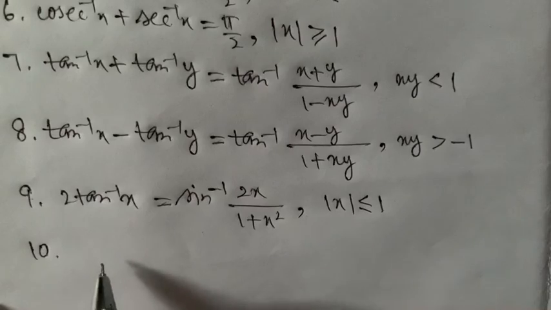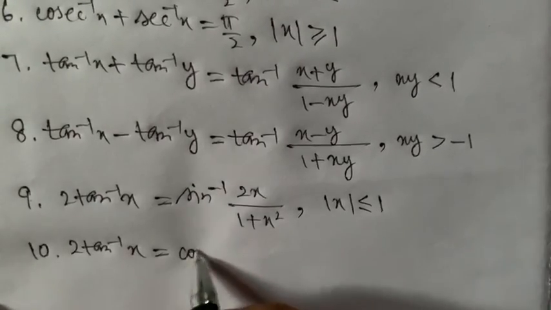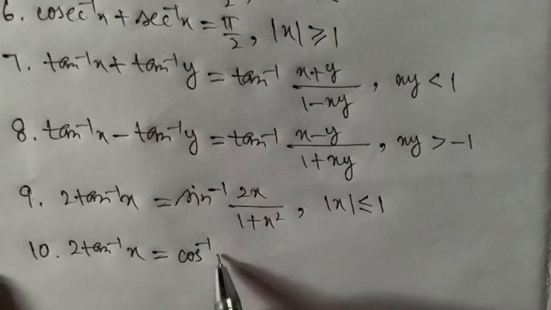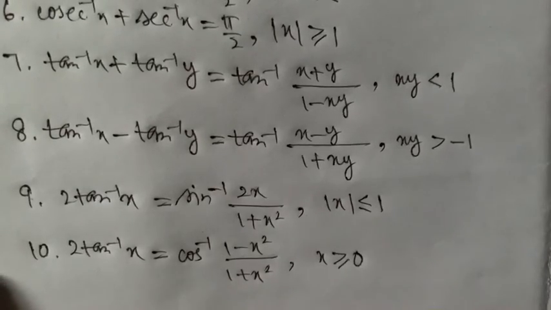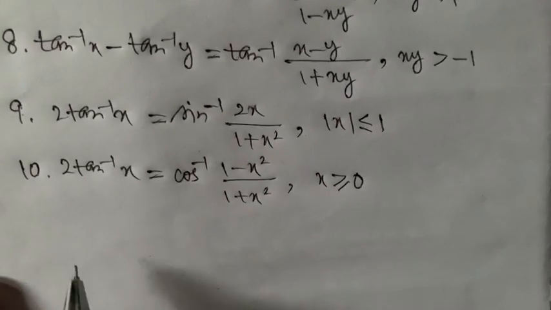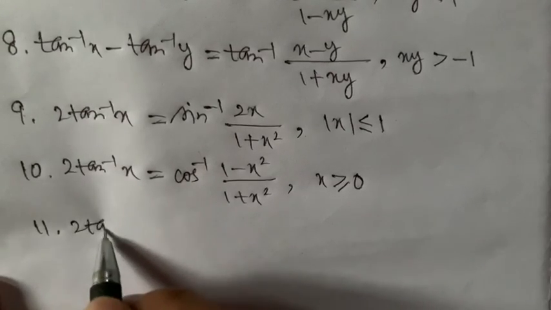Then we have property 10. It is 2 tan inverse of x is equal to cos inverse of 1 minus x square upon 1 plus x square, and x is greater than equal to 0 for the domain set. And for 11th we have 2 tan inverse of x.